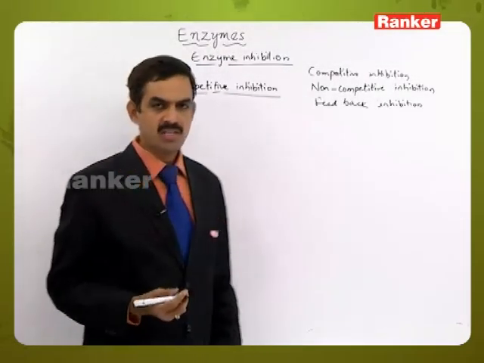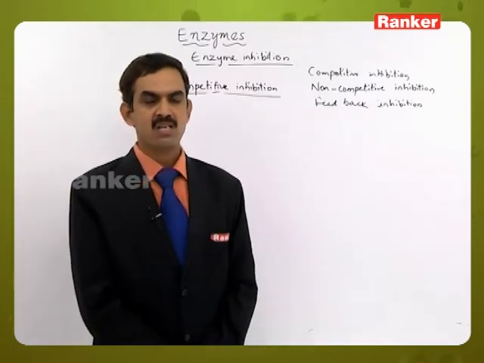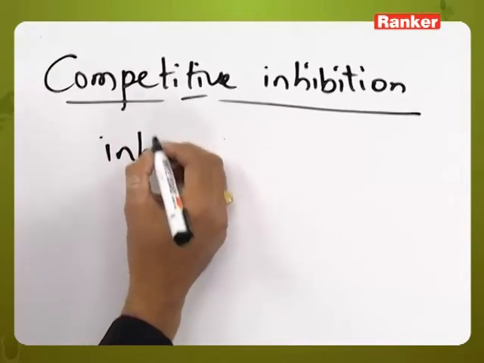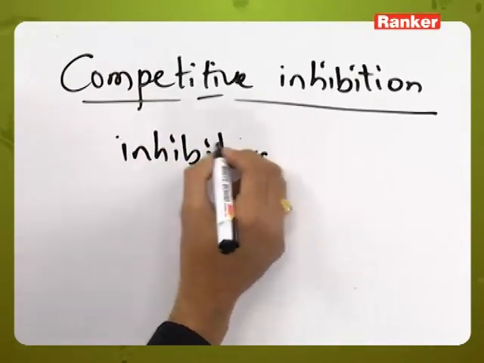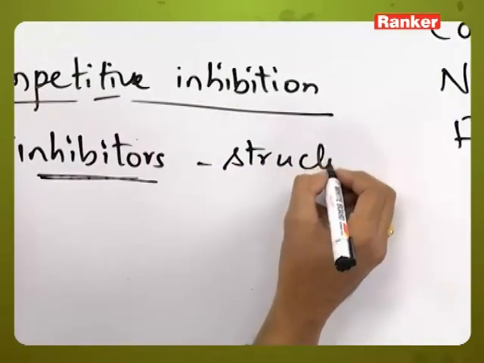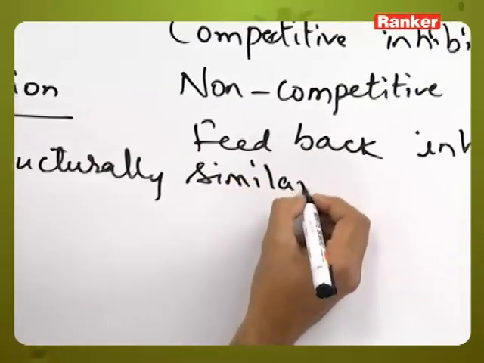In competitive inhibition, some substances will inhibit the catalytic activity of the enzyme, and these substances are called inhibitors. These inhibitors are structurally similar to the substrate molecule.